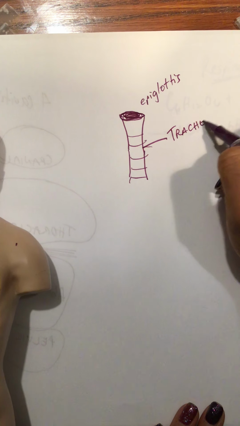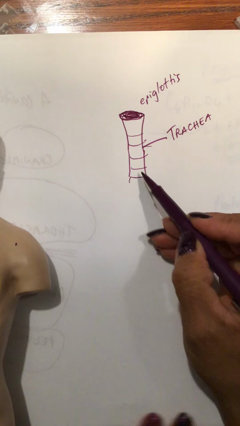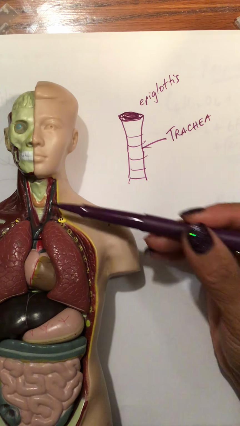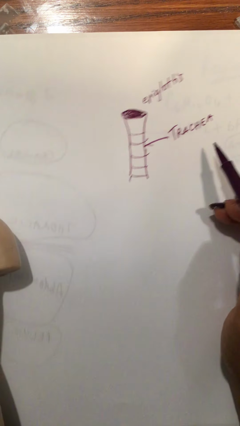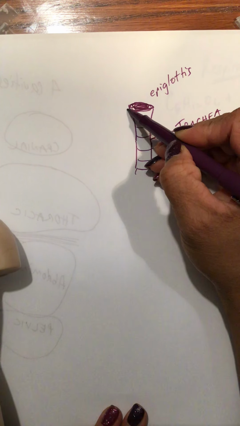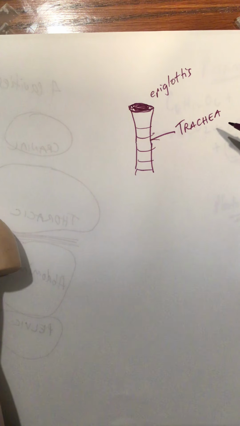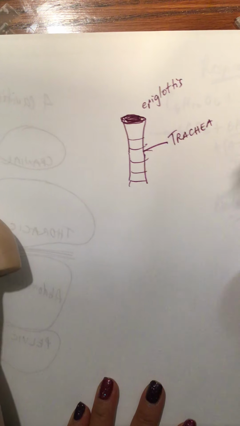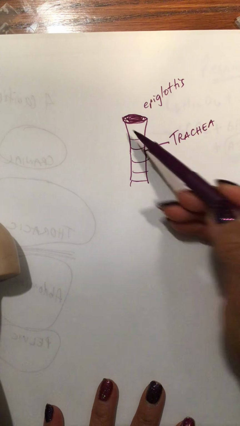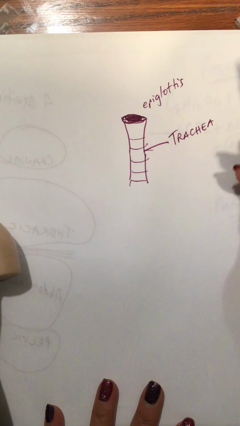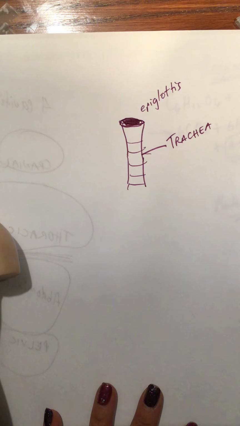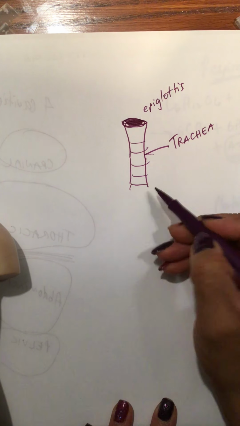The trachea is the windpipe, and it brings the air down. The esophagus, by the way, is right behind the trachea, and that is where the food will go. When food is being swallowed, the epiglottis closes the trachea, protecting it from the food particles.